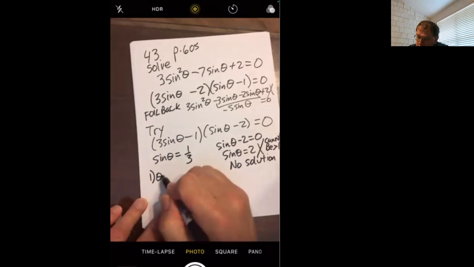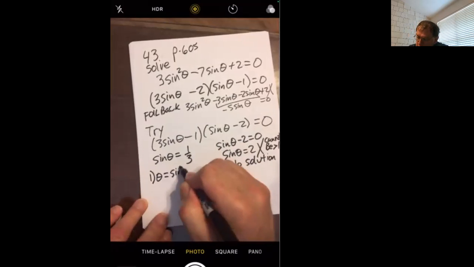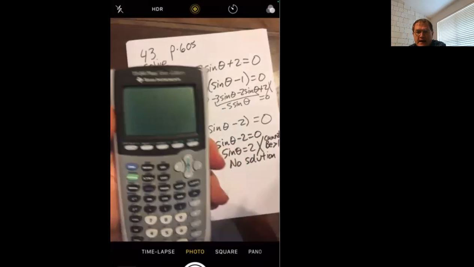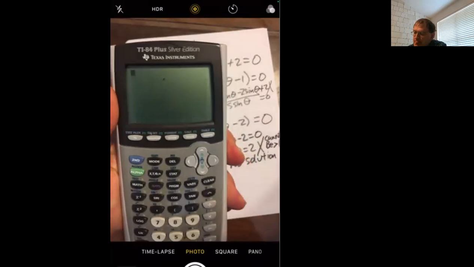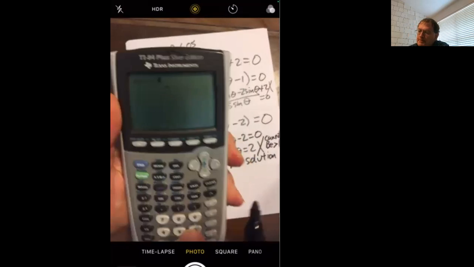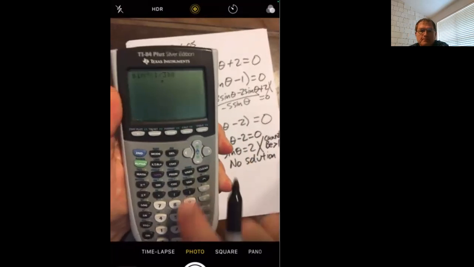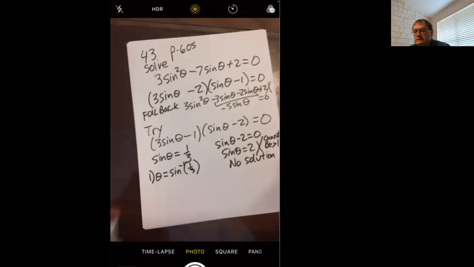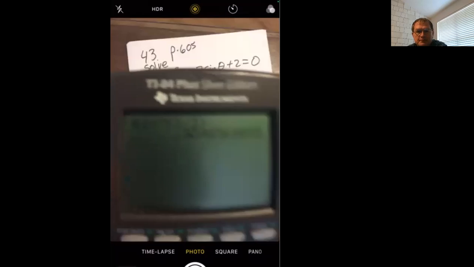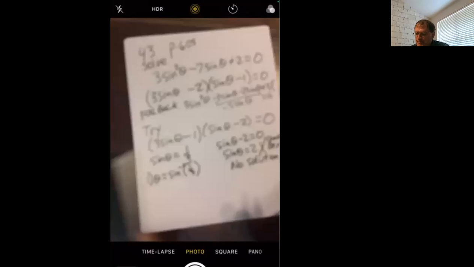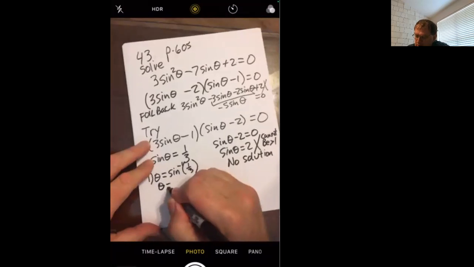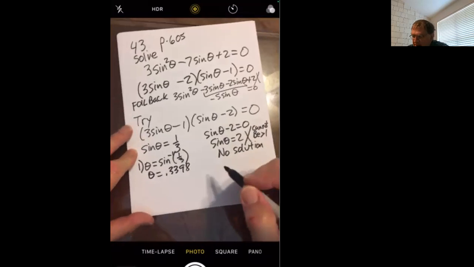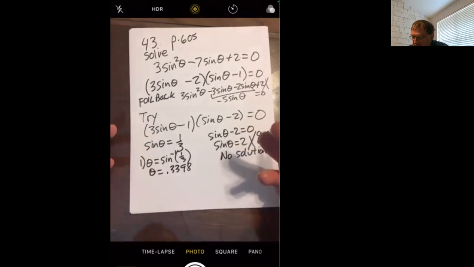First cut, arc sine of 1/3. Remember, you're getting the angle where the y leg is 1/3. That's 0.3398. And that's why the picture helps me.